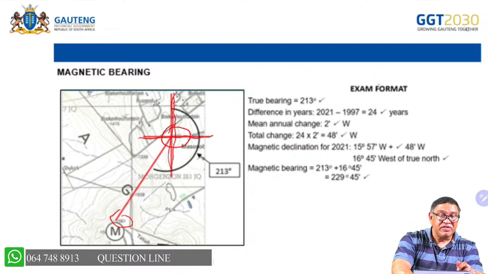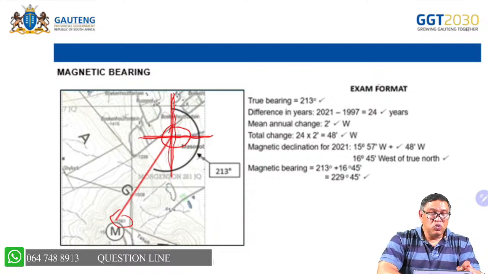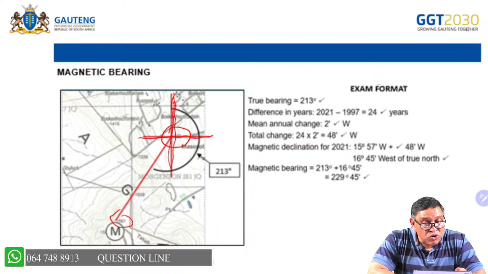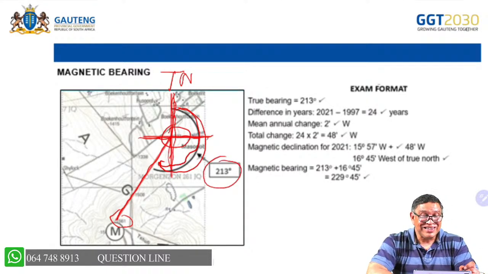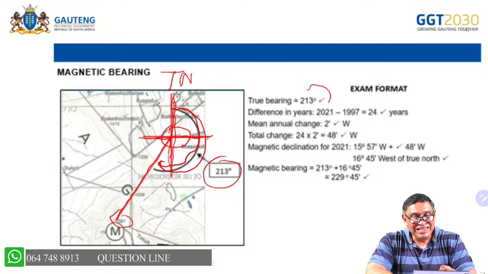It says from 133 to 1561, so I draw my cross here. I start measuring from true north in a clockwise direction, because from the cross I join the point to 1561 and I measure in a clockwise direction. In this case I got 213 degrees. That is my true bearing.